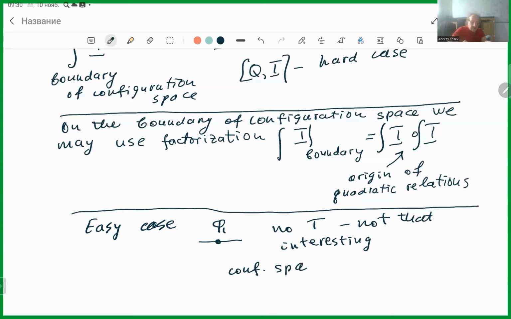The configuration space is the point, and the integral of I over the point is what I would call, let me call it like this, n a b, and here I will have phi 1.